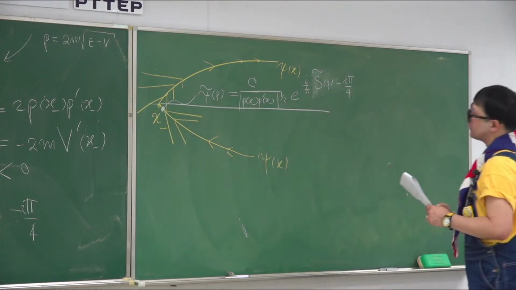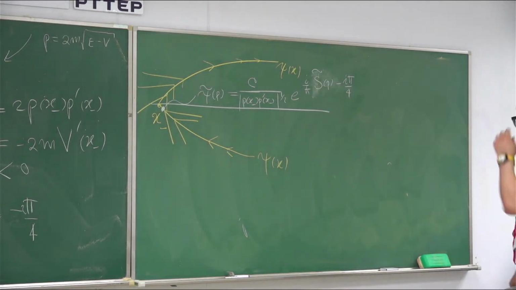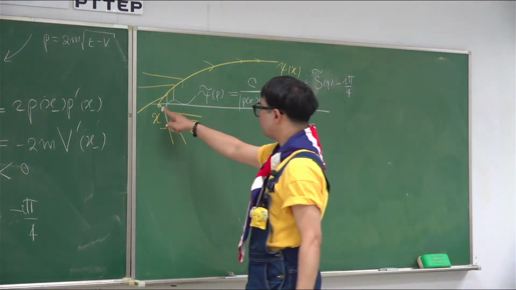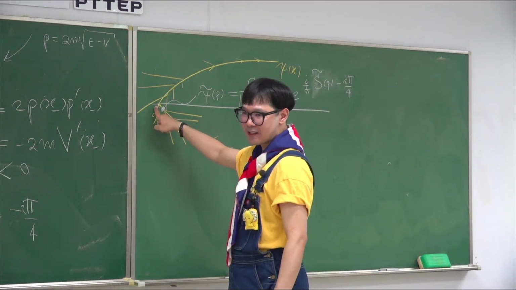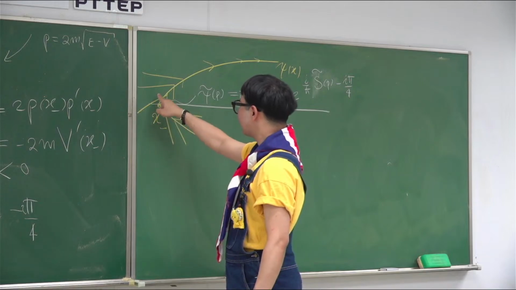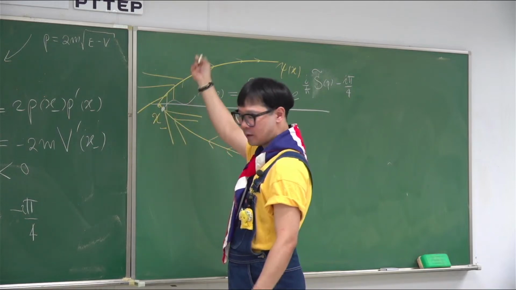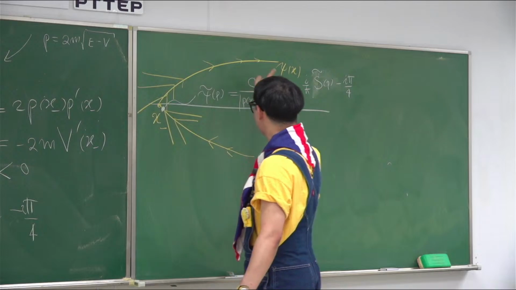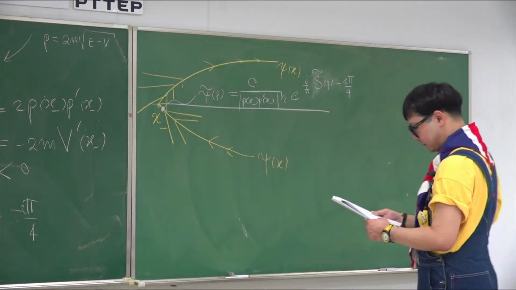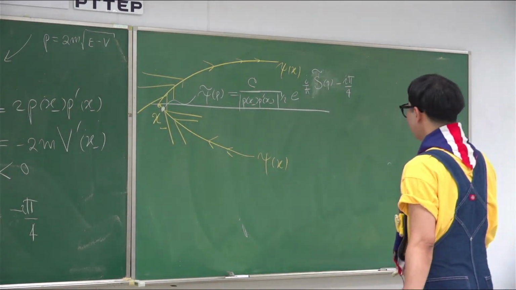This is going to be your wave function before you pass through this point, and after you pass through this point, you just do the Fourier transform back to the standard one, right?